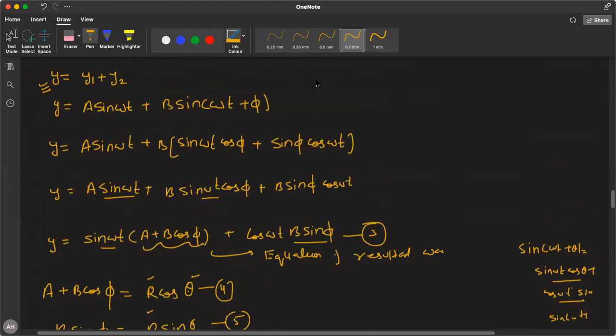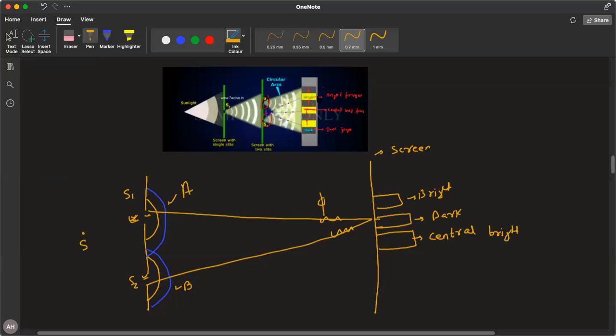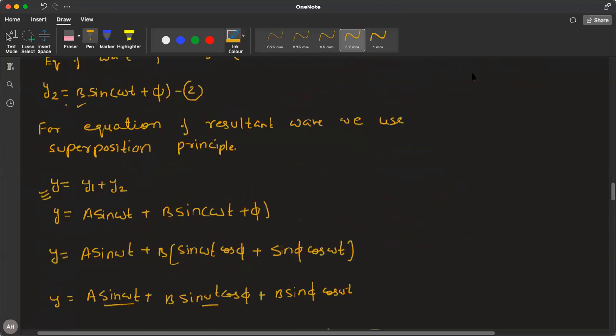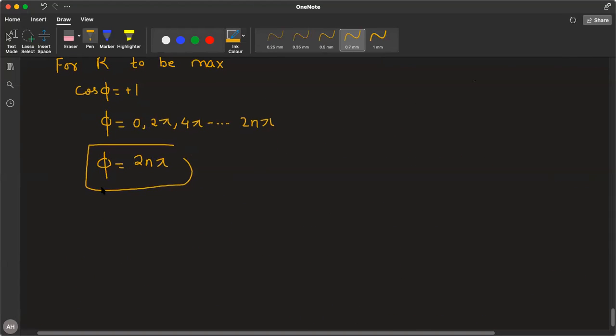We have discussed the interference experiment in the previous class. So these are the bright fringes. If you want a bright fringe, the phase difference of light waves from the two sources should be 2n pi. So now we have the phase difference for the bright fringe.